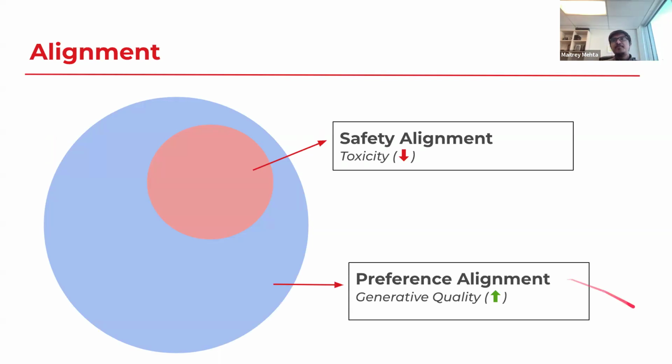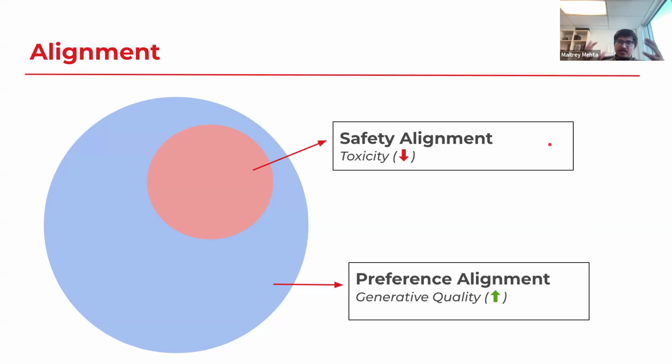There is something called preference alignment, which is making a model more aligned towards what is a good generation versus what is a bad generation in general. It need not have to do with anything in particular, but just what is a good response versus what is a bad response, right?